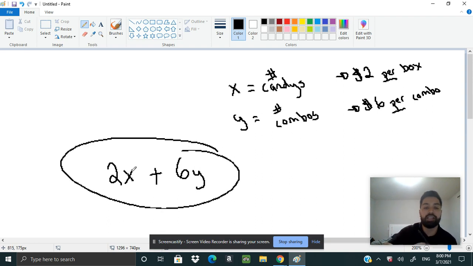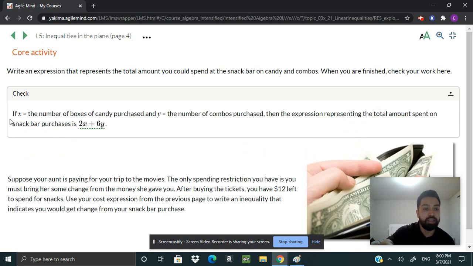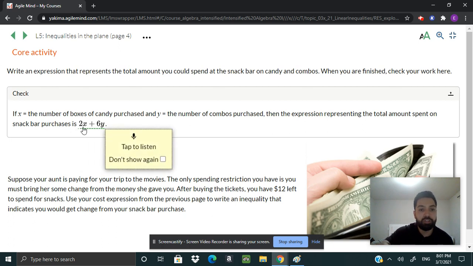So this right here is how we're going to get started to write this inequality. But first we can start off with an expression like this. Now let's check our work to see if it actually makes sense. If X represents the number of boxes of candy purchased and Y represents the number of combos purchased, then the expression can be the following: 2x plus 6y. That's exactly what we wrote.